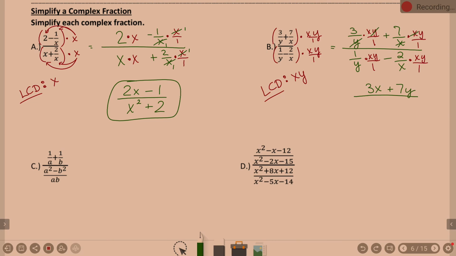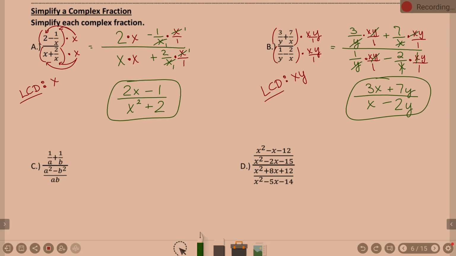Denominator, what cancels? Y cancels with y, leaving me with x. Minus 2 over x times xy, what cancels? X, leaving me with 2y. Anything cancel or factor? No GCFs, no factors to cancel. You got it.